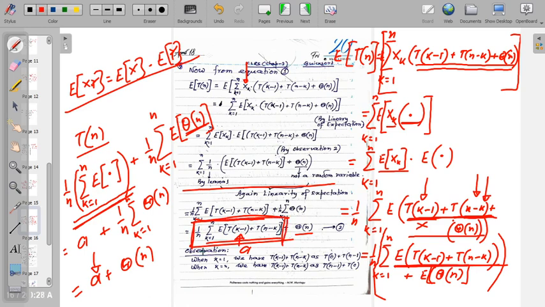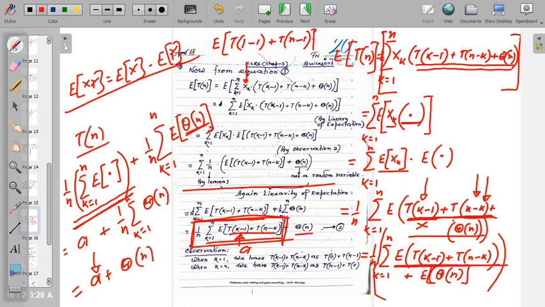Now if you put here k equals to 1, then what will it be? Inside the expectation, this t k minus 1 will be t0 plus t n minus 1. If I put k equals to 1, then what expectation do we have to find out?